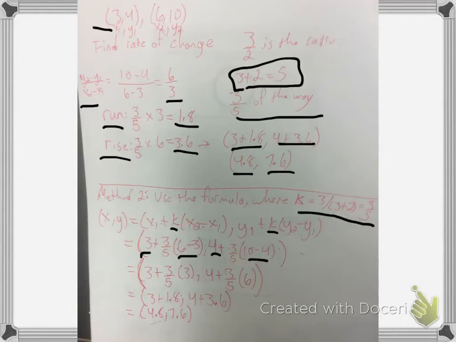Alright, and then I use K. And I'm just going to multiply that 3/5, same thing we did earlier. 3/5 times 3 is 1.8. And then we do the same thing, 10 minus 4 is 6. 3/5 times 6, 3.6. Add 3 plus 1.8 and 4 plus 3.6, and I get 4.8 and 7.6.